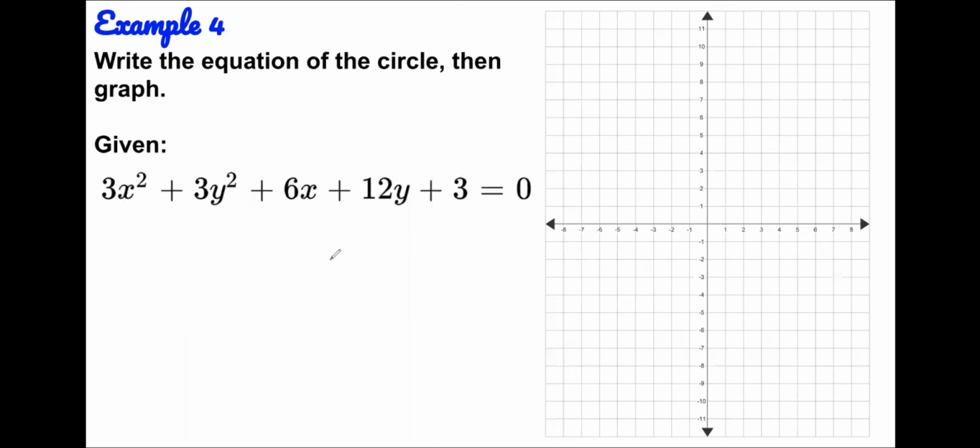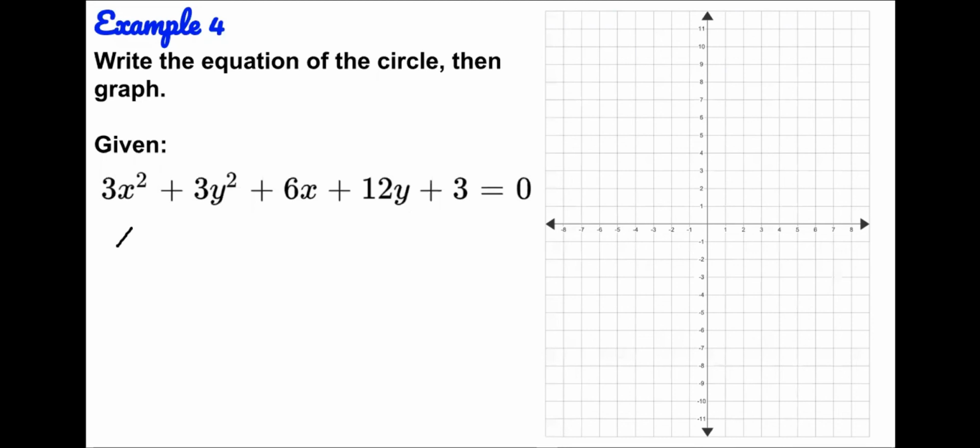My goal here is because I want to continue to complete the square. And in order for me to complete the square, my first term has to have a coefficient of 1, meaning that it has to be x to the power of 2 plus y to the power of 2. These two leading terms have to have a coefficient of 1 in order for me to complete the square.